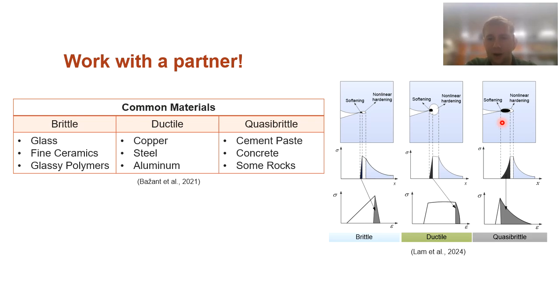So points if you got that right and noticed how large the FPZ was for quasi-brittle, and I would have accepted quite a few answers here for common materials. But again, just trying to drive home that point of why quasi-brittle is different because of that fracture process zone.